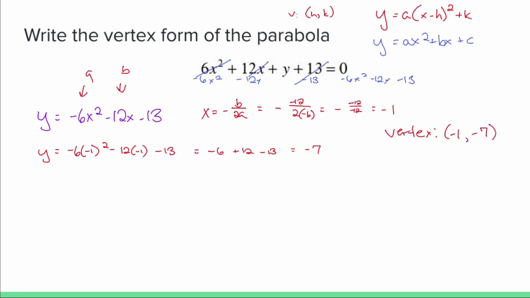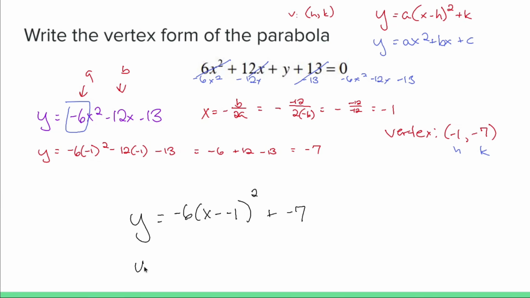So I'm going to label you h. I'm going to label you k. Ooh, UK, United Kingdom. I'm going to reiterate the fact that a is negative 6, and I just plug stuff into that red formula that I have up there. The vertex form is y equals a, which is negative 6, times x minus h, which is negative 1, so I'll clean that up in a minute, squared plus negative 7, I'll clean that up in a minute.